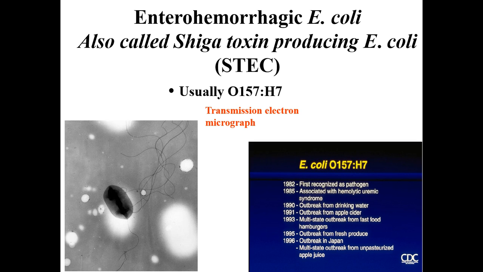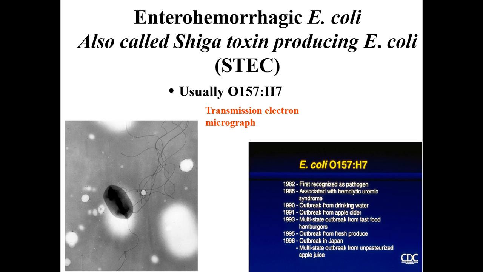And next, enterohemorrhagic Escherichia coli. Serotypes associated with enterohemorrhagic Escherichia coli are O6, O55, O91, O103, O111, and O113. It is usually transmitted by contaminated food, such as spinach, sprouts, and undercooked ground beef.